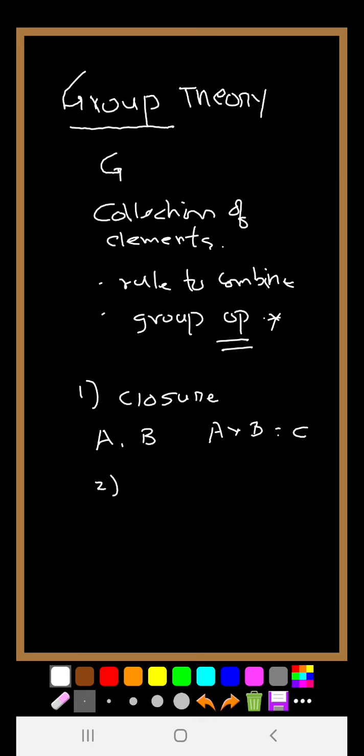The second property is the associative property. It means A star, well, let's represent it by a dot.